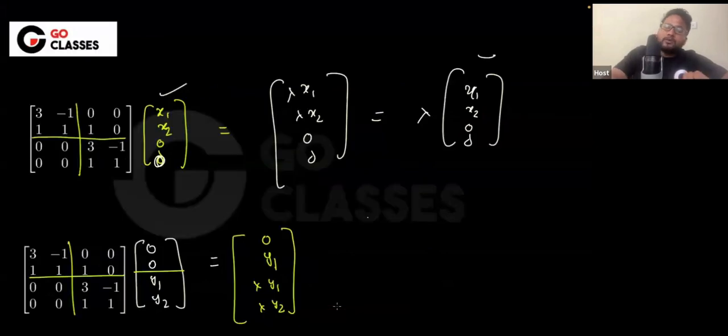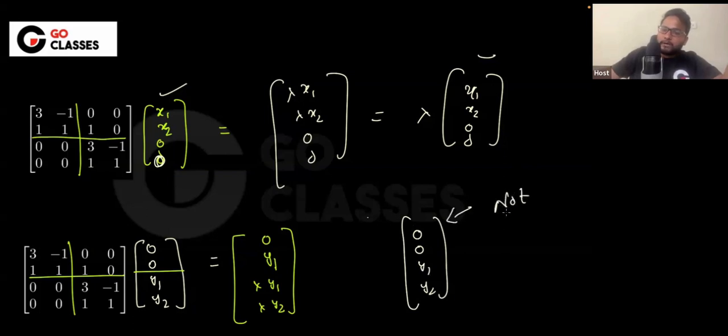So we cannot take this lambda out here. The y1, y2 values are actually not known, but anyway, that's fine. So basically, whatever is the eigenvector here cannot be just lambda 1, lambda 2 after appending 0, which means this 0, 0, y1, y2 is not an eigenvector, right?